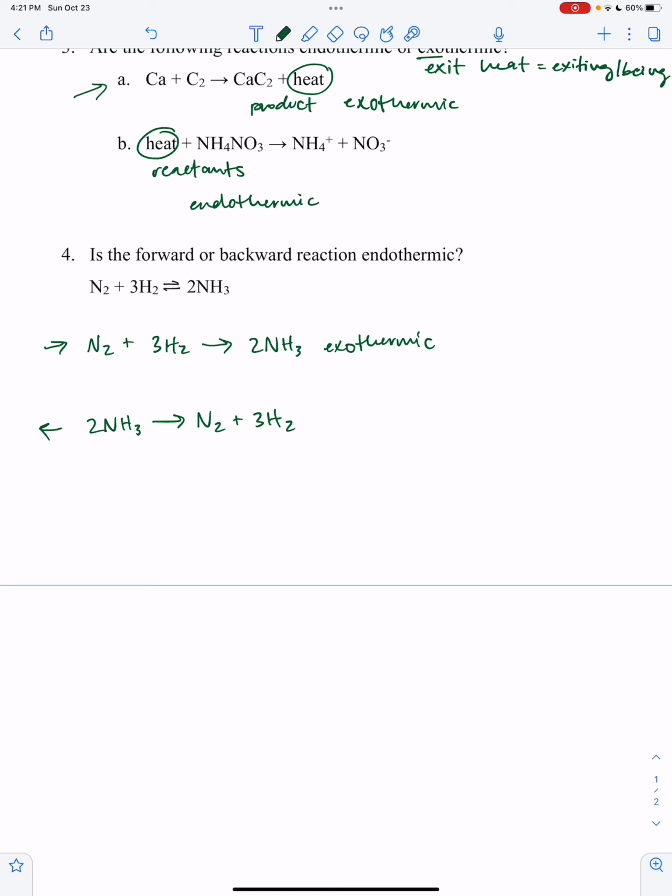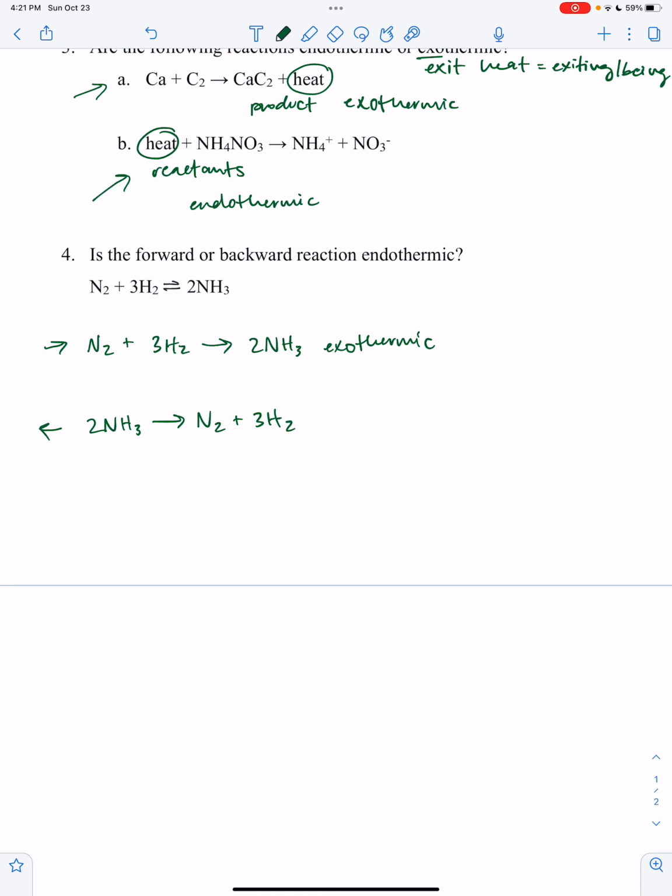And then in the second one, in the backwards reaction, we're starting with the molecule and it's being broken into two separate pieces. So there's a bond being broken. And in order to break a bond, that requires a lot of energy. So a lot of energy is going to go into that process, like it did up here.